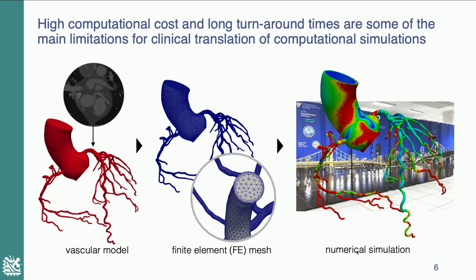We do a direct segmentation of the image data, and that gives us our computational domain. Then we generate a mesh, a finite element mesh in this case, and we set all the boundary conditions. We choose how we're going to set up the simulation, and then we go into a high-performance computer and actually run the simulation.